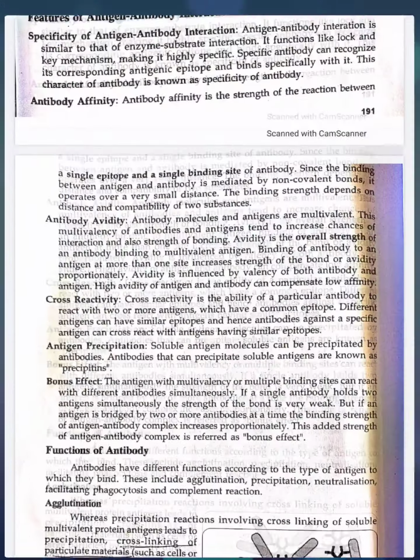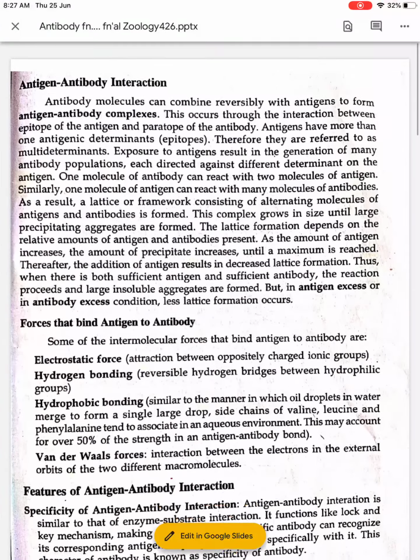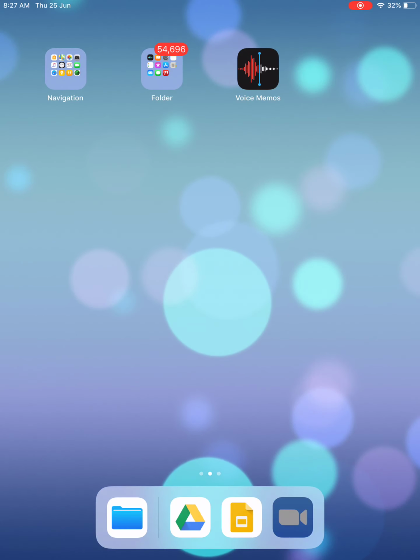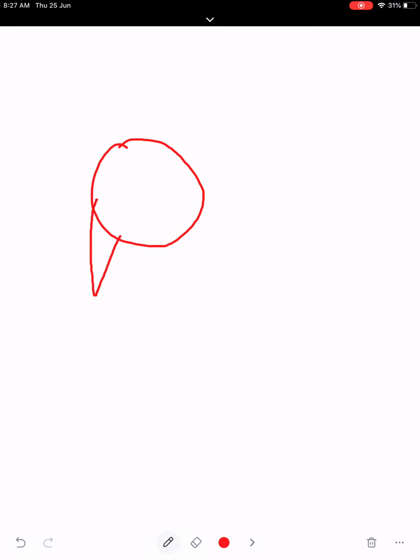Hello friends. Today we will discuss the topic, the antigen antibody interaction. We can see that an antigen may have different epitopes on its surface.